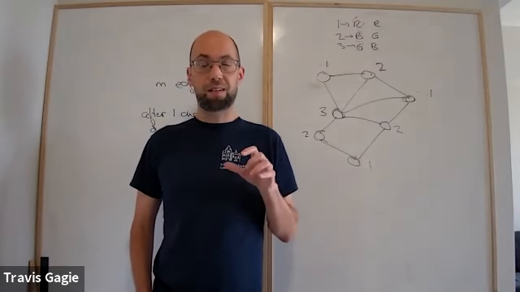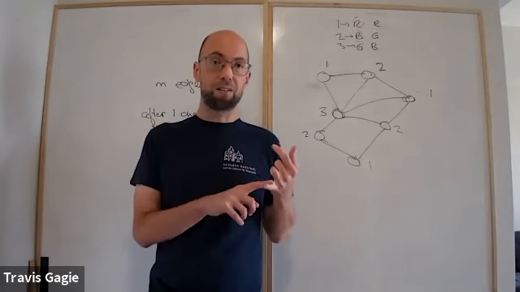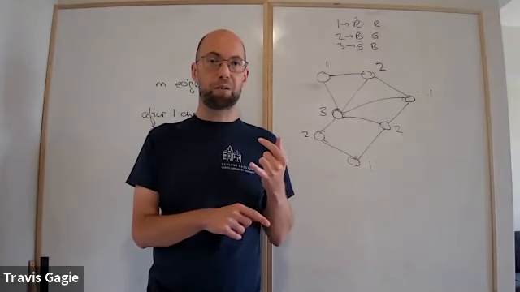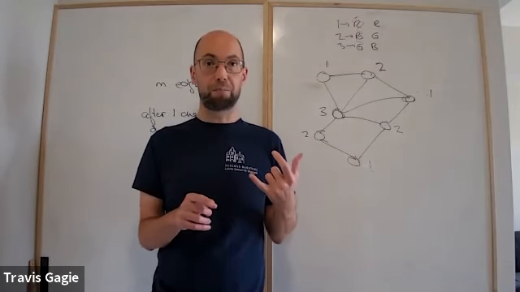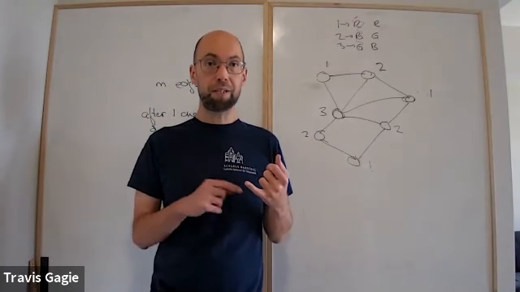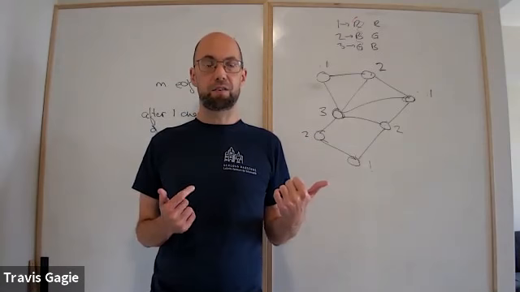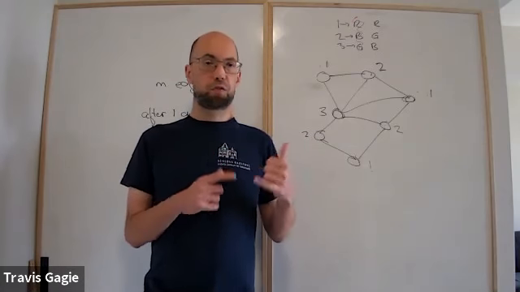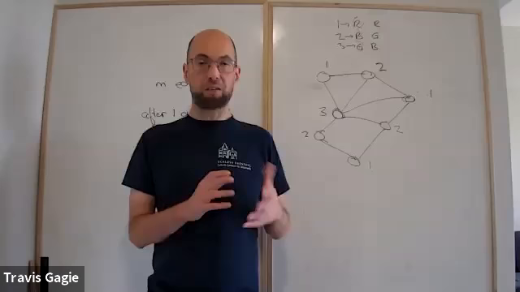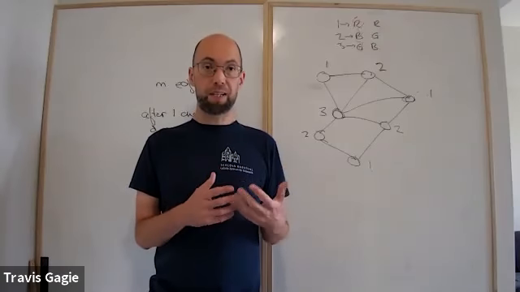NP complete means it's NP hard, which means if you could solve it in polynomial time, then P would equal NP. NP complete means it's NP hard and it's in NP. So problems that we can solve in polynomial time are in P and therefore in NP.